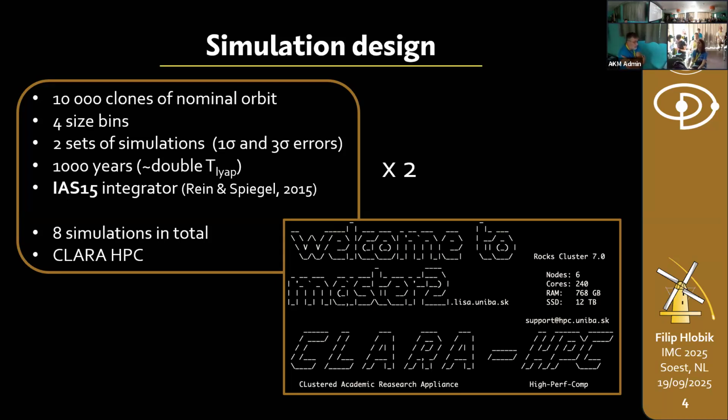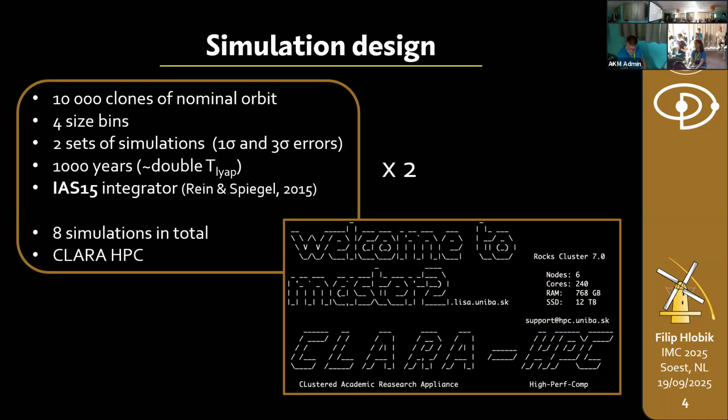That gives us 8 simulations in total, which were then integrated for 1,000 years, which is about double the Lyapunov times of the meteoroids, using the IAS15 integrator in REBOUND, a high precision 15th order integrator with adaptive time step, which is great for many astrophysical problems, mainly when dealing with close encounters with planets, which, as we will see, will be very useful.